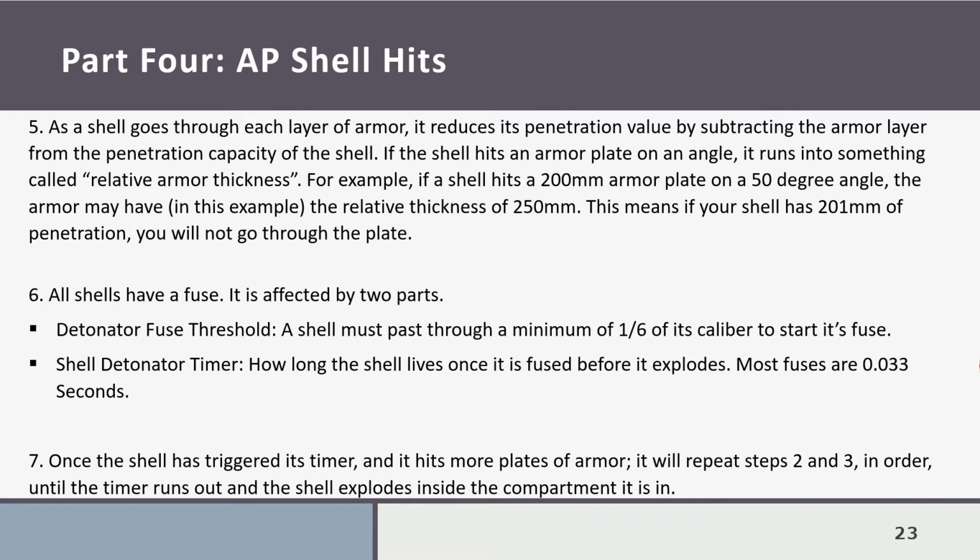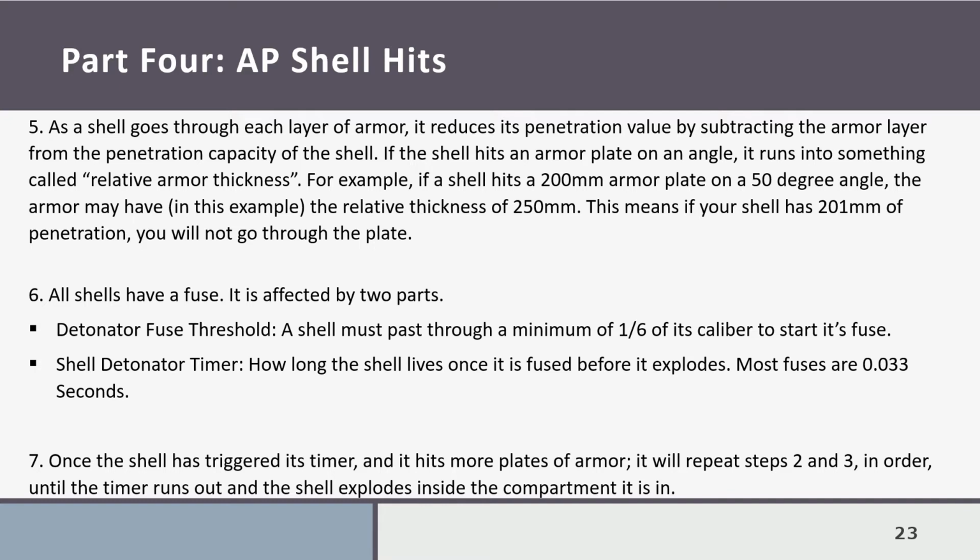And that brings us to the next part, shell fuse. All shells have a fuse, and it's affected by two parts. The detonator fuse threshold is the name of the back-end piece of data: a shell has to pass through a minimum of a sixth of its caliber, or whatever that requirement is, since on some ships it's different, to start its fuse. And the detonator time is how long a shell lives before it explodes.